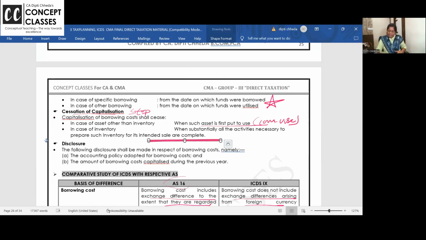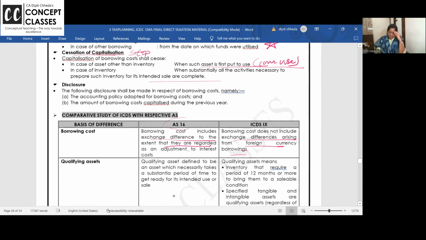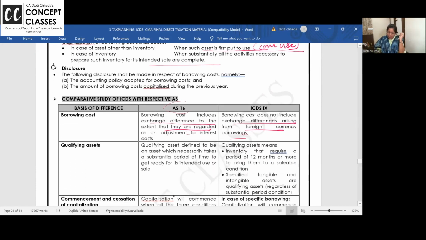Cessation of capitalization means stop the capitalization when the asset is ready to be put to use commercially. So write down over here: commercially, and when inventory is in saleable condition, at that time stop the capitalization. Now let us see the comparison of AS 16 and ICDS 9.